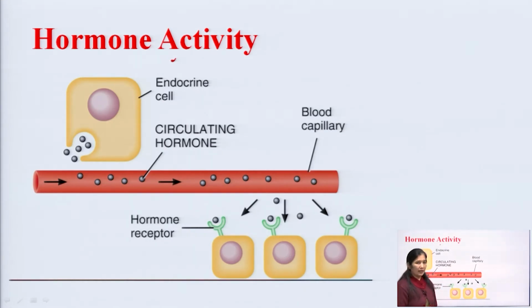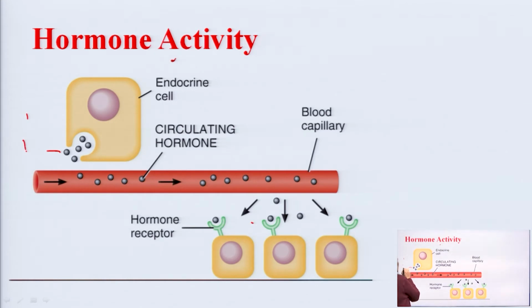In this diagram we have shown how hormones reach their target site. This is the endocrine cell that produces and secretes the hormone.